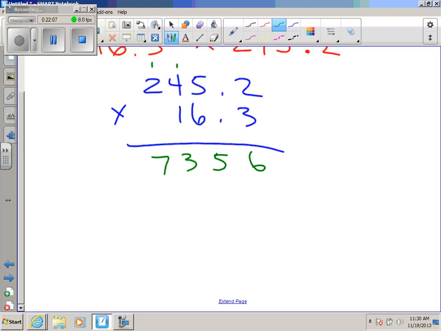As I move from the 3 to the 6, what must I do? 0. Now 6 times 2, 12. 5 times 6 is 30 plus the 1, 31. 4 times 6, 24 plus the 3, 27. 6 times 2, 12 plus the 2.